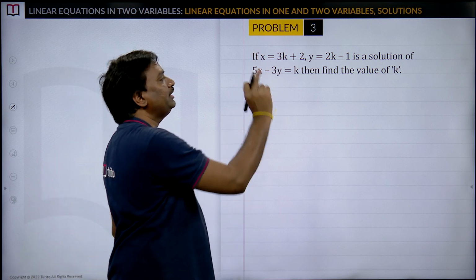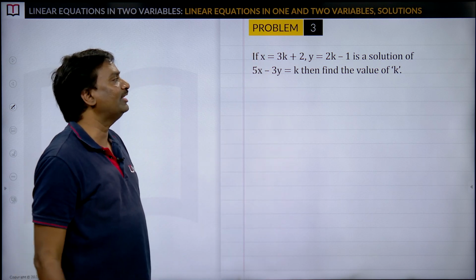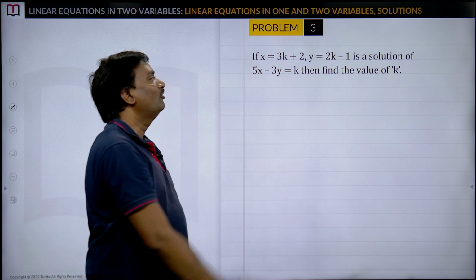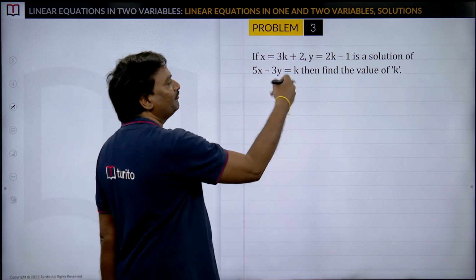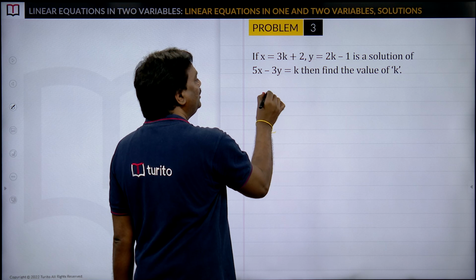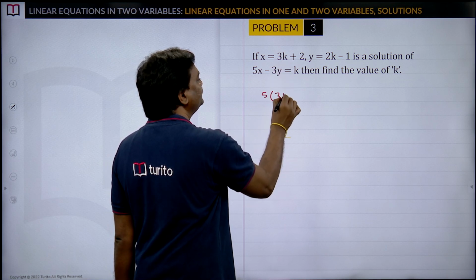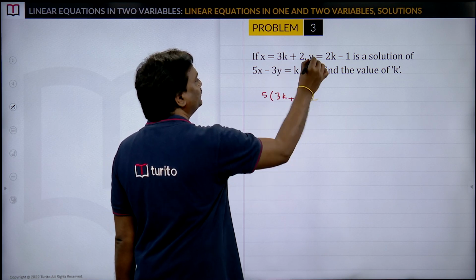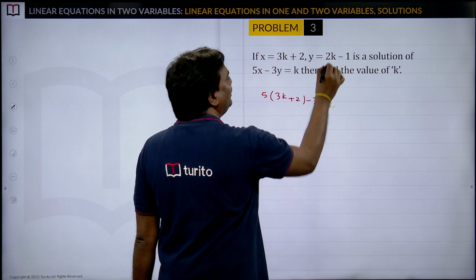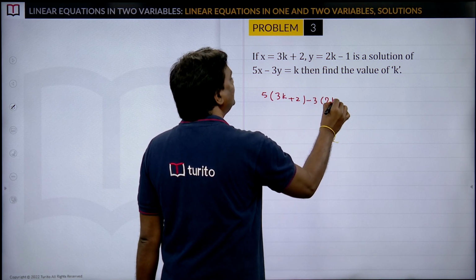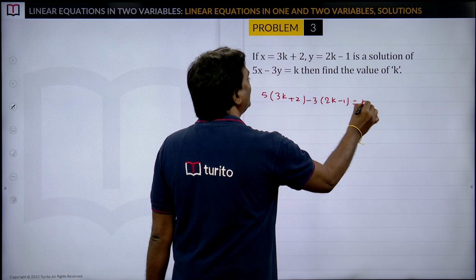If x equal to 3k plus 2, y equal to 2k minus 1 is a solution of 5x minus 3y equal to k, then find the value of k. So, in place of x you can write 3k plus 2, and in place of y we can write 2k minus 1, equal to k.